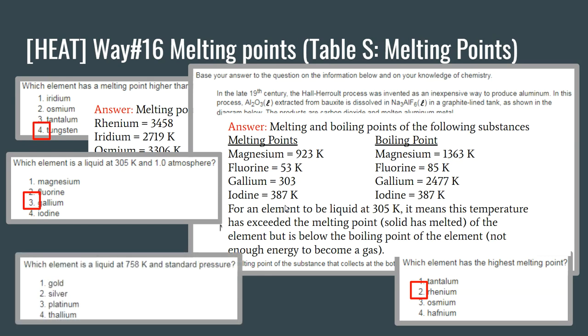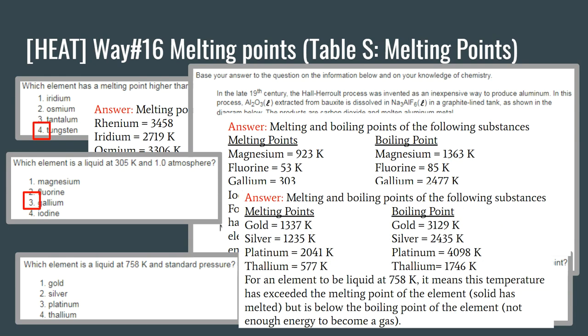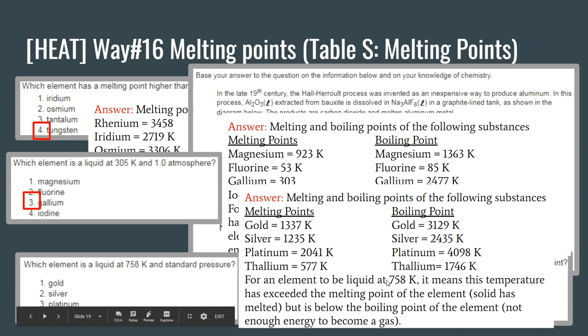Which element is liquid at 758 Kelvin? Once again, this requires use of Table S. Okay, for an element to be liquid at that point, it means that the melting point of that element is way below 758.